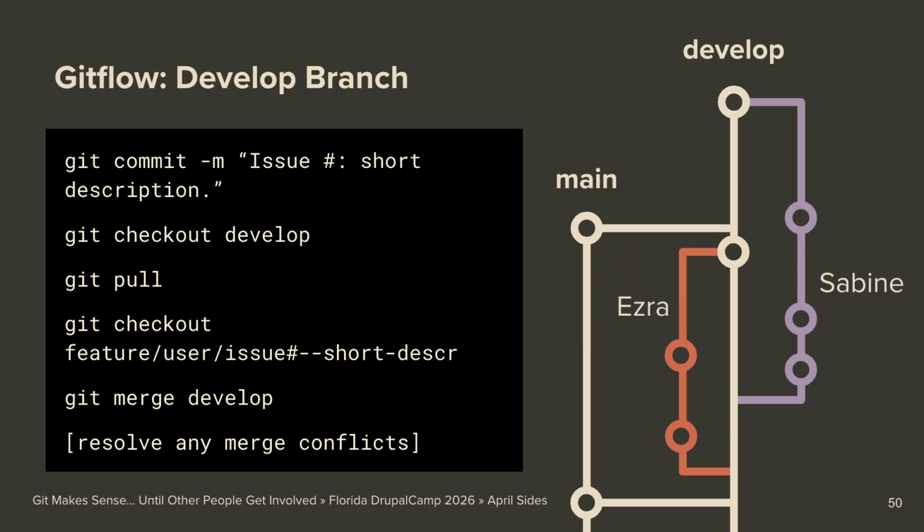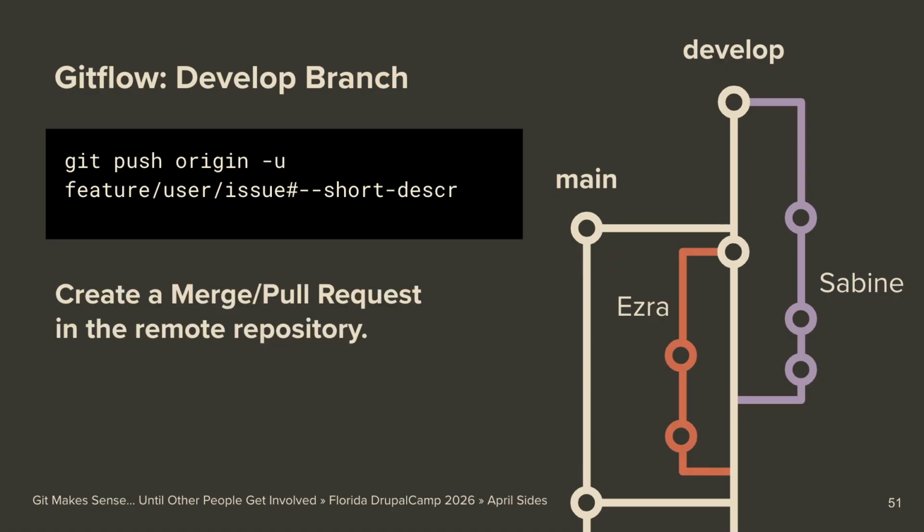You do your commit, and then, since we are merging into develop, if you want to pull the changes from develop just to make sure there's not going to be any merge conflicts once you push your code up to the remote repo, you can check out develop, pull the changes, check out your feature branch again, and then merge it and resolve your merge conflicts. And then push it to the remote repo and create your merge or pull request.